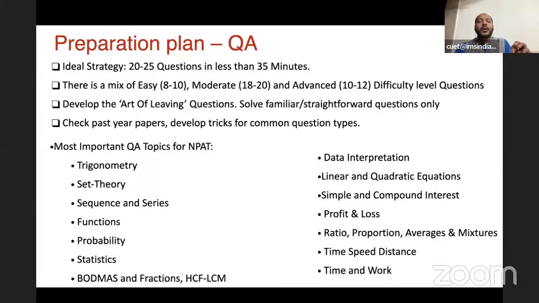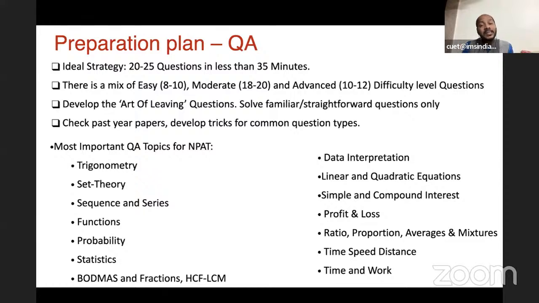Therefore, you should practice data interpretation a lot, work on your percentages, ratios, and quick calculation tricks, and that would help you a lot. Further, there are common topics like equations and arithmetic, like simple and compound interest, profit loss, ratio, proportion, averages, time, speed, distance, and work, that are generally tested in the QA section.